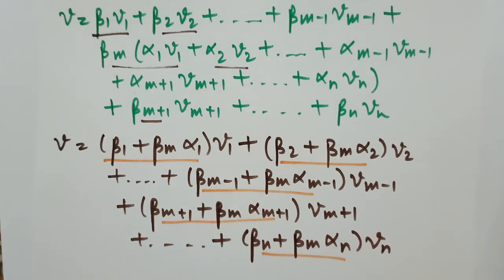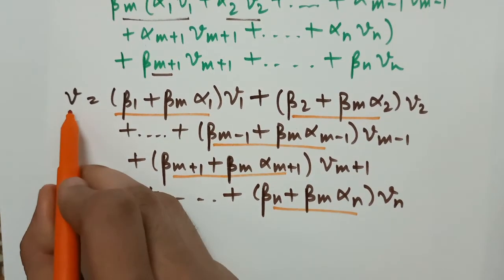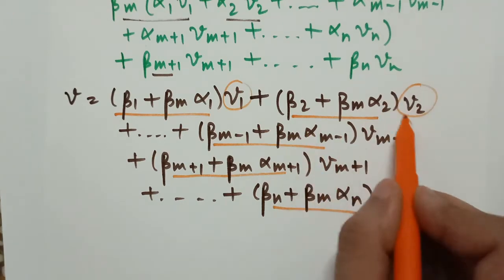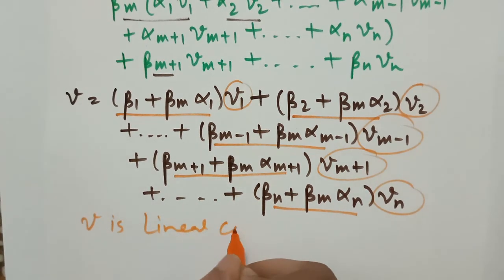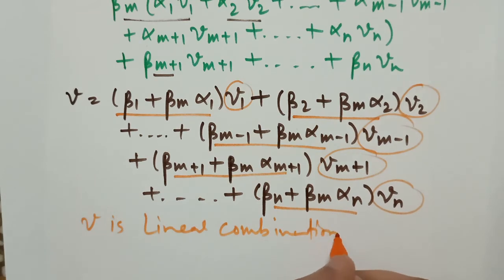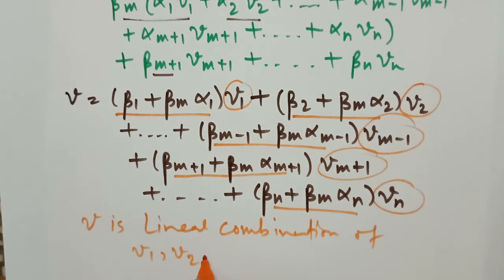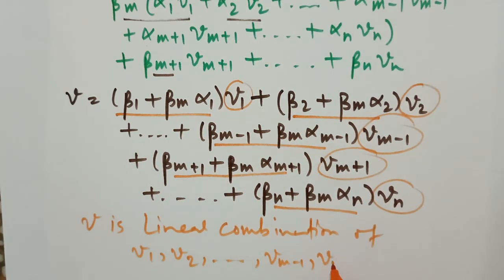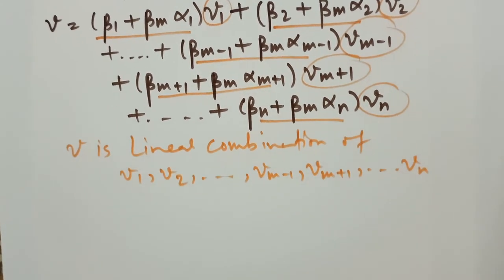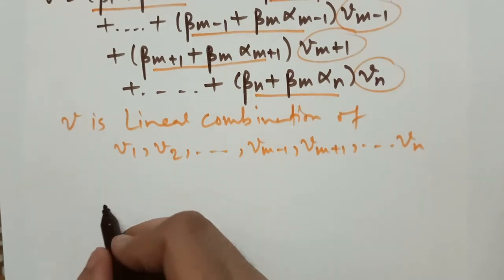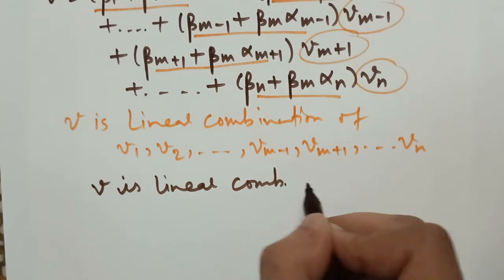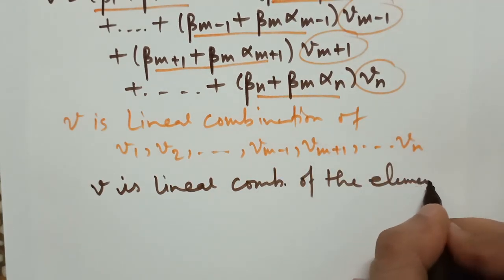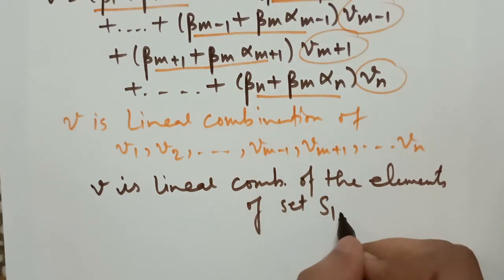So clearly it can be seen that V is now a linear combination of V1, V2 up to Vm minus 1, Vm plus 1 up to Vn, which means V is a linear combination of the elements of set S1.